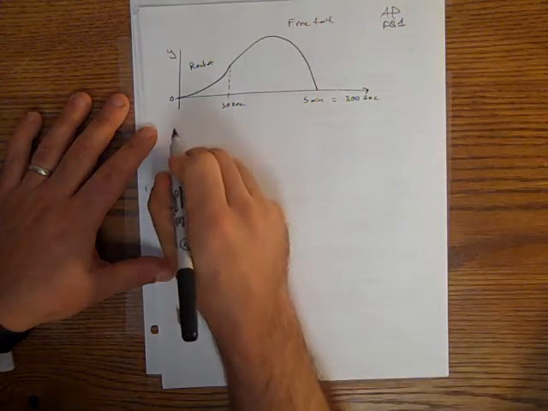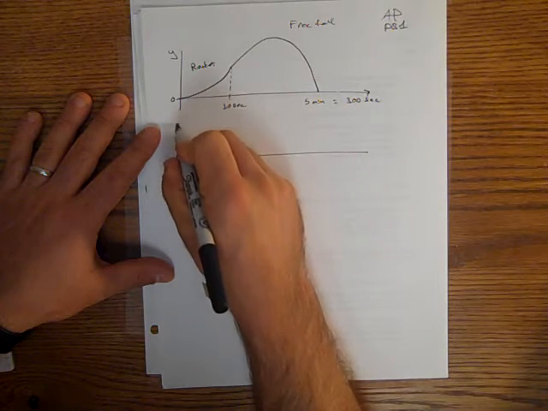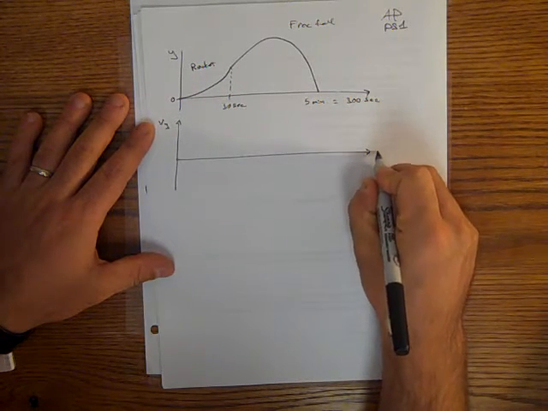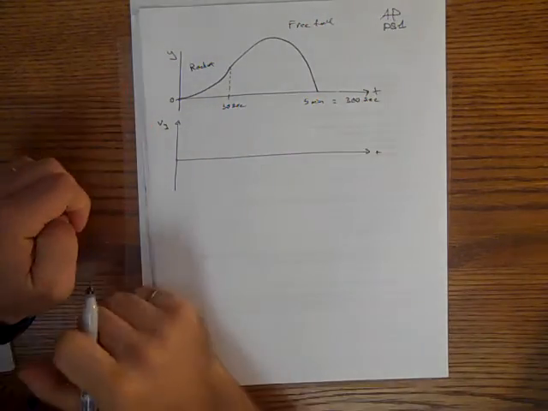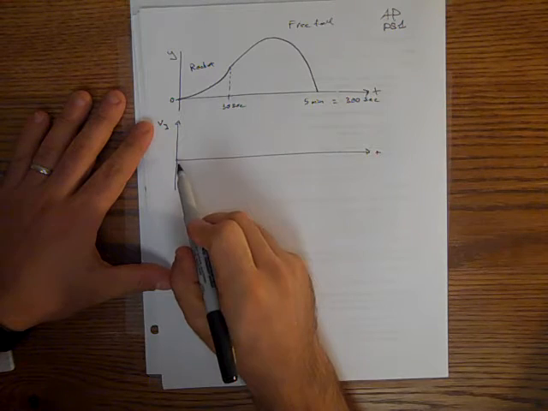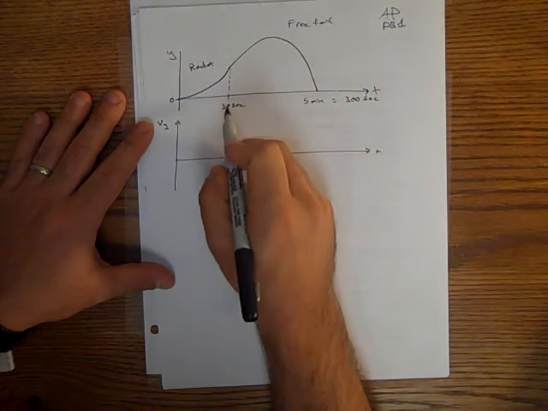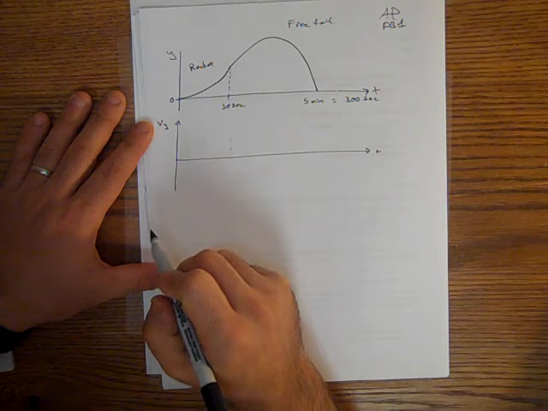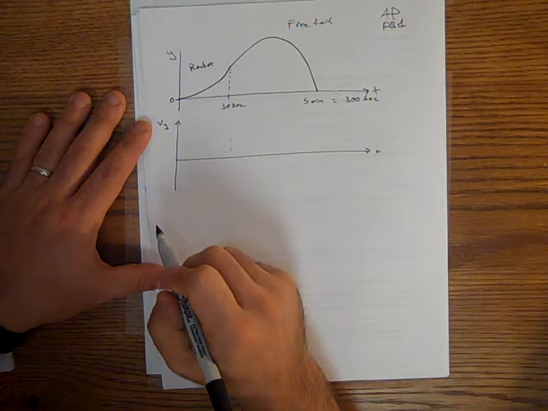Okay. Now, another way to think about this is to think about what the velocity does as a function of time. So I'm going to look at the velocity in the y direction as a function of time. Oh, this is time up here. And here's also what we see. So we know that the acceleration is positive during the rocket time. And so the velocity is increasing. All right?